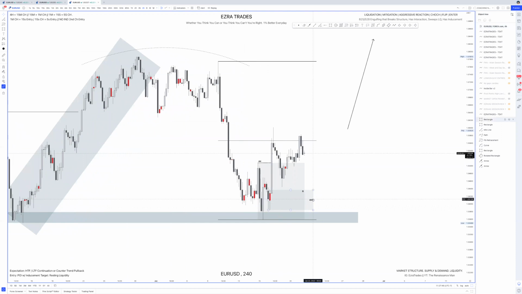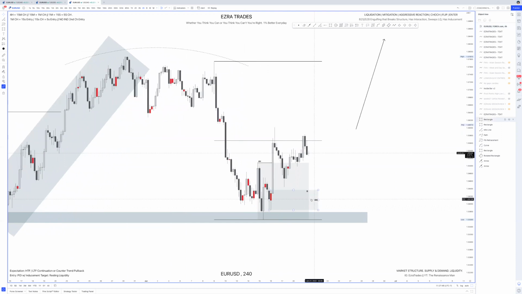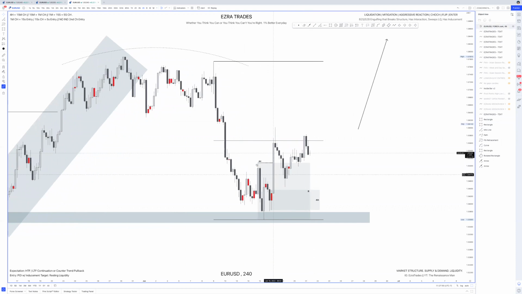This is the 4 hour POI that makes sense to a lot of people, but we also know that this is the sell to buy engulfing range, right? We can even narrow it down to this, right? This is the last sell to buy before we make that new high, right? And price can come into here, and if it gives a change of character here, we can probably look for longs, right? But most of us would probably still be waiting for here, right?